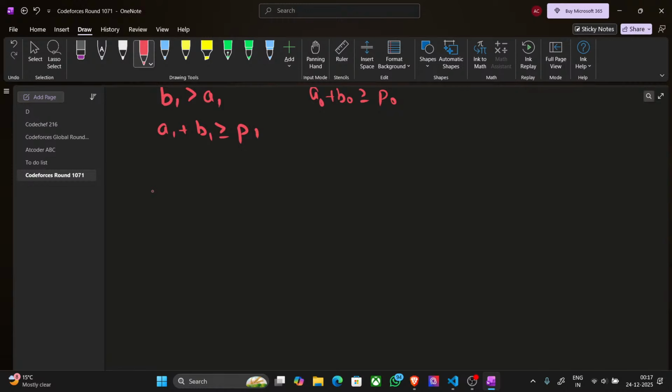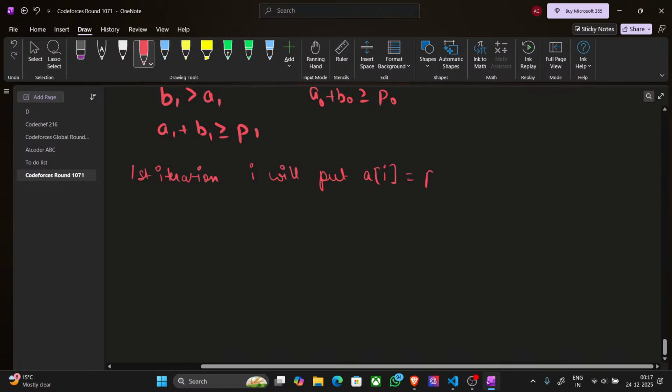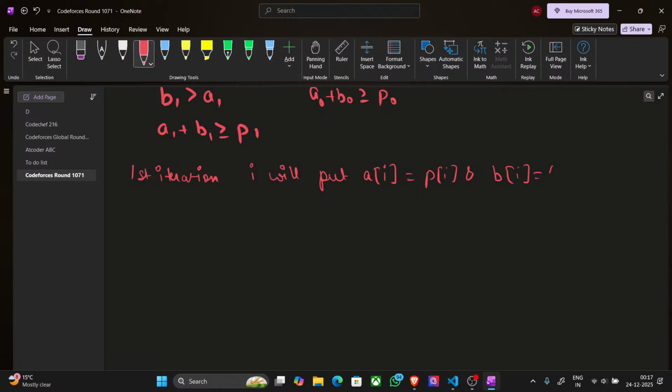In the first iteration, I will put AI as PI and BI as 0 if S is 0, and AI as 0 and BI as PI if S is 1.